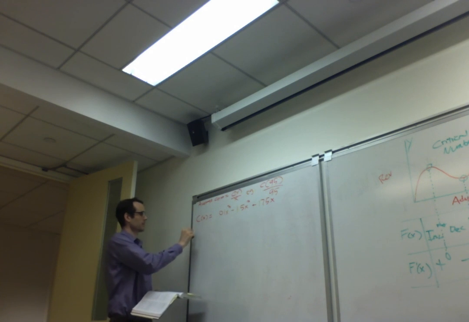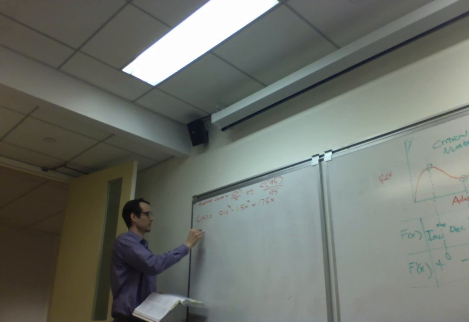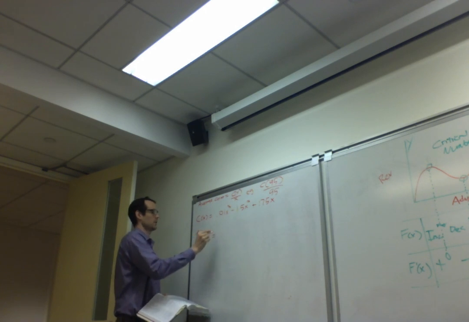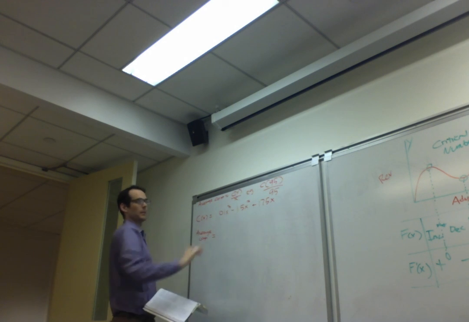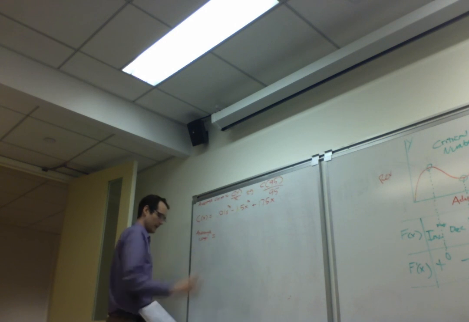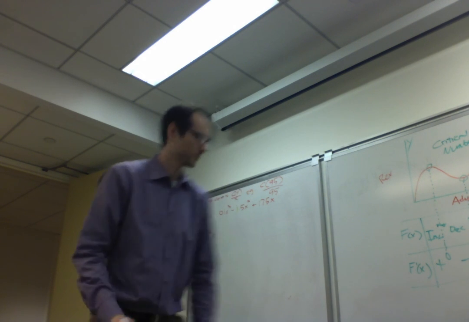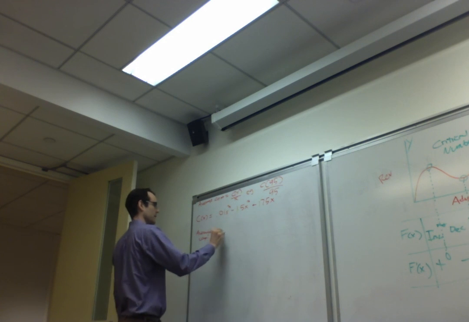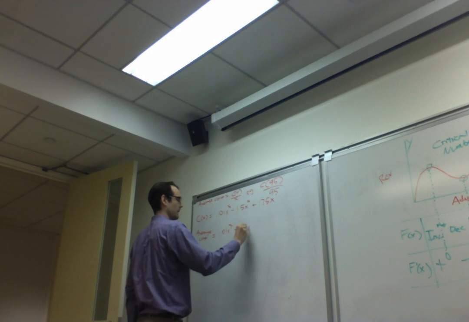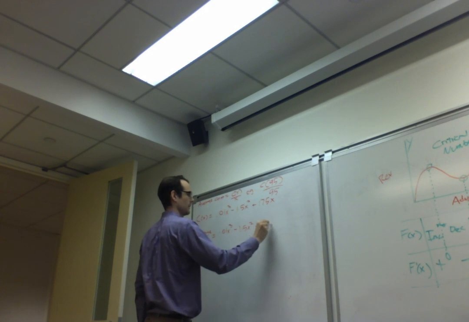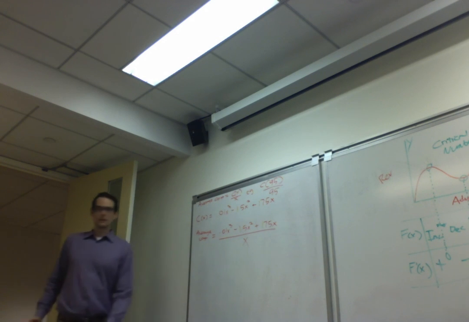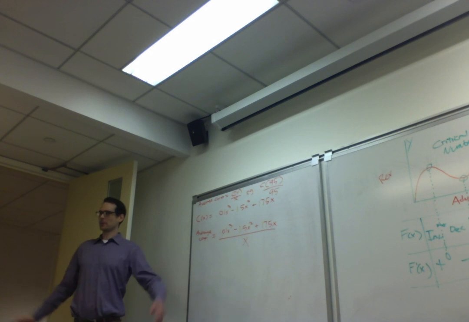So average cost equals C of x divided by x. So I need this whole thing divided by x: 0.01 x cubed minus 1.5 x squared plus 175 x. Divide that whole thing by x. Right? Alright, what do we do from here?